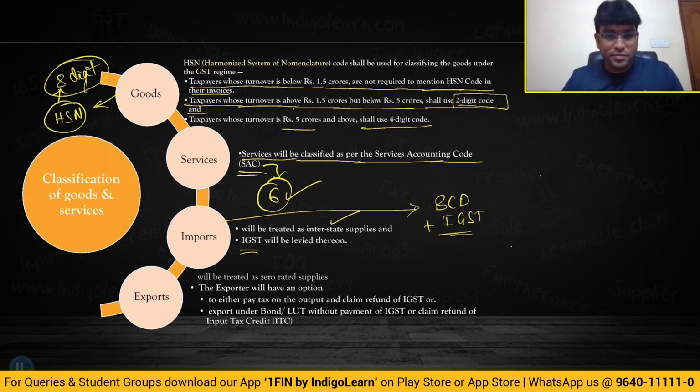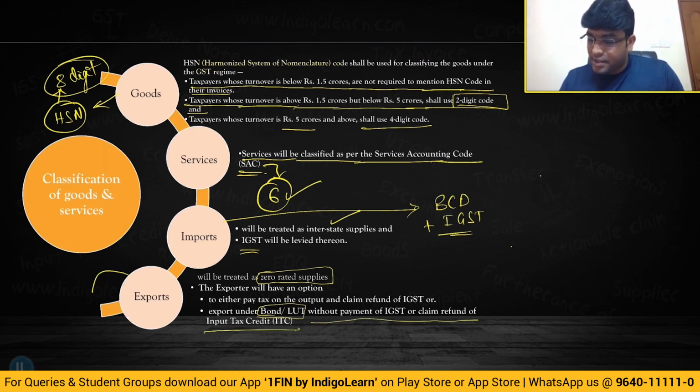That's very clear. Next. Exports, technically called zero rated supplies. They will have an option either to pay tax on output and claim refund or export under a bond or LUT without payment of tax. Something very important. We will talk about this concept in detail when I go to the topic called refunds.